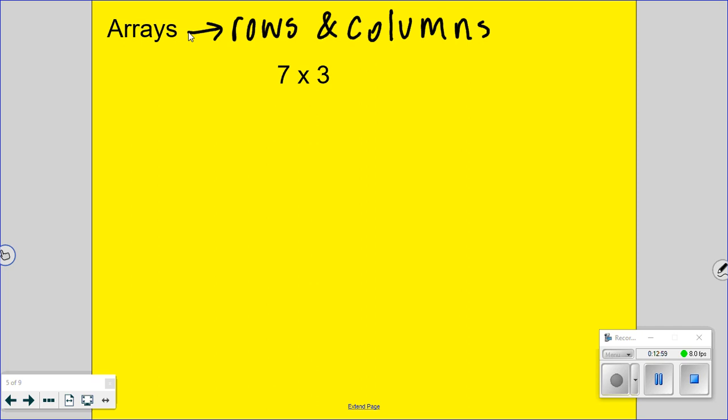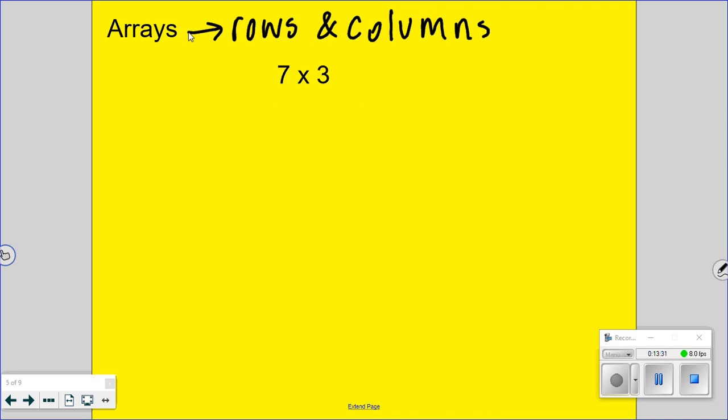Rows go across the page, and columns go up and down. We're still putting things in groups. We're just now making that group look a little different. Someone raise your hand and read that expression to me, please. Ooh, only 2 friends can read that expression in English.